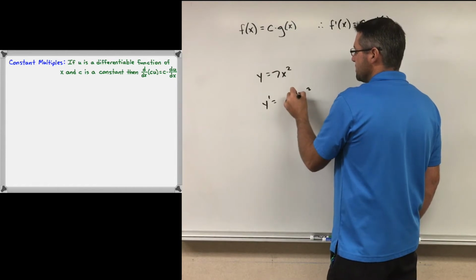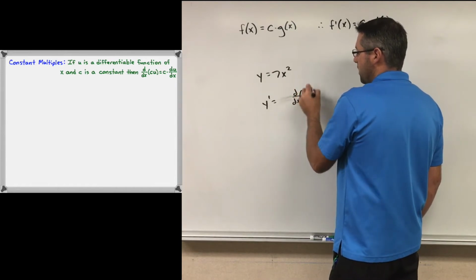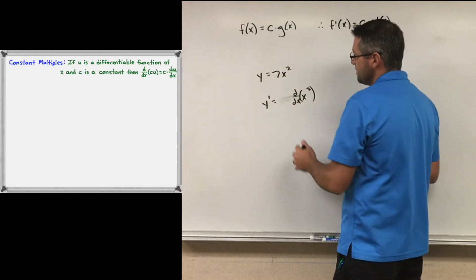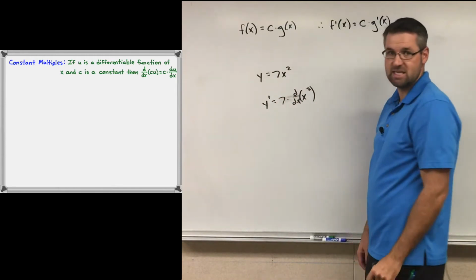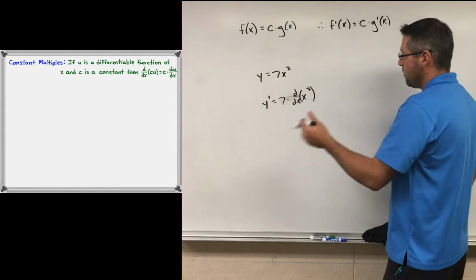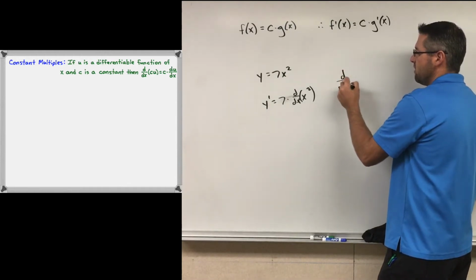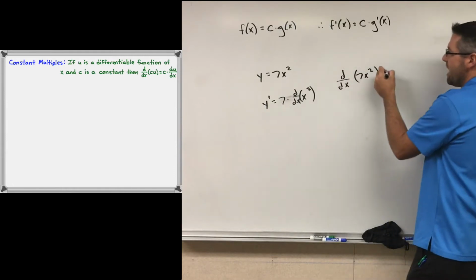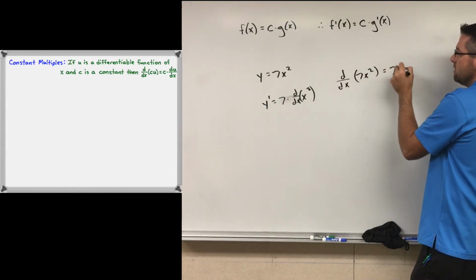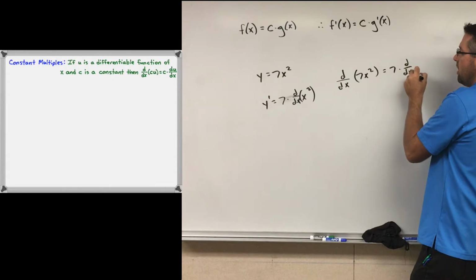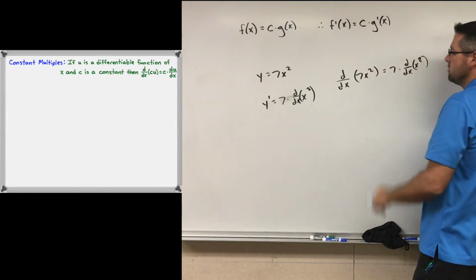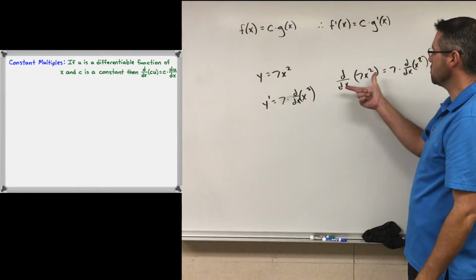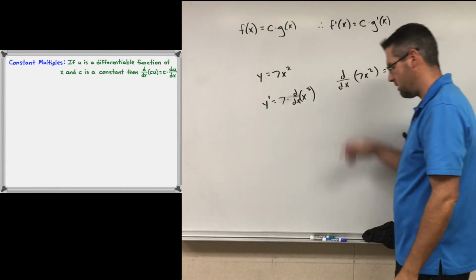So we'd write it like this: d dx of x squared. Whatever that derivative is, take it and multiply it by the 7. Or another way to write this is that the derivative with respect to x of 7x squared is the same as 7 times the derivative of x squared. Okay, so take the constant out, take the derivative of what's left over, and then multiply it by the constant.